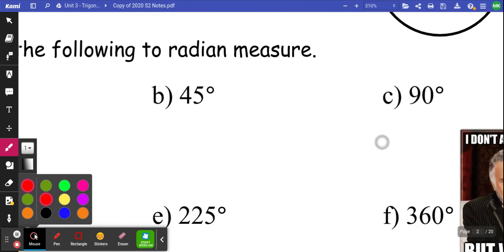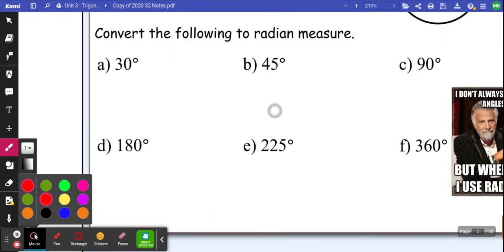Okay. We're going to convert the following to radians. We're going to do it all algebraically because that's much, much easier. Every single calculation is going to start as a fraction equals a fraction. The bottom will always be 180 equals pi, because we know that 180 degrees equals pi radians.